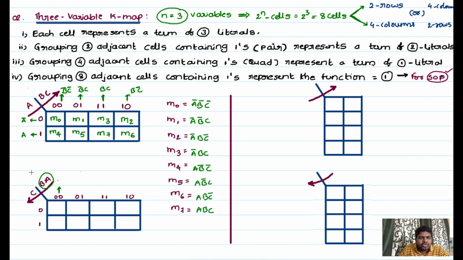This AB can be considered like this also, no problem. Otherwise you can take A, B and the order C like this. So you can take any of these two forms. Ultimately you can consider the first bit is A and the second bit is B.